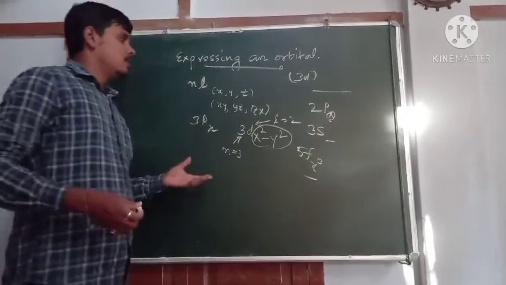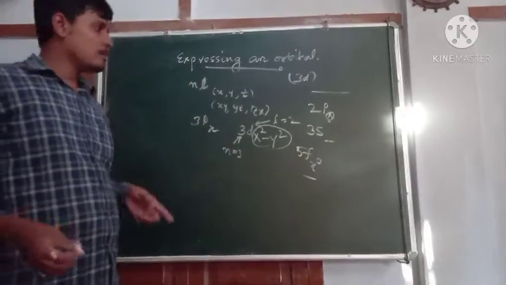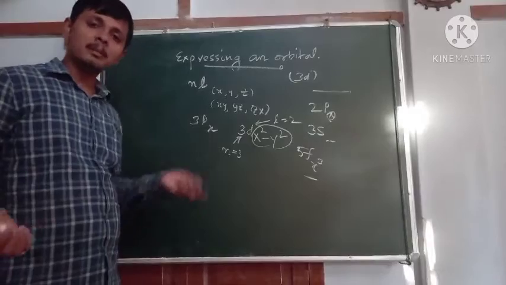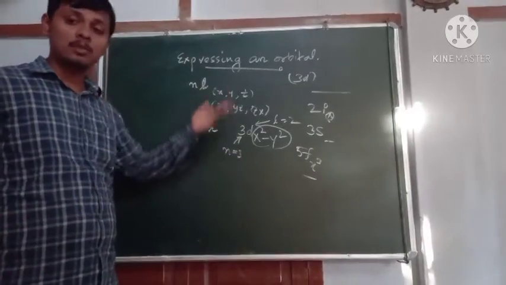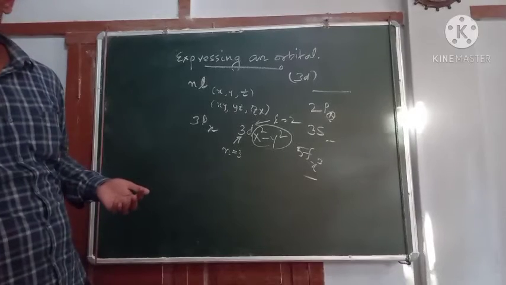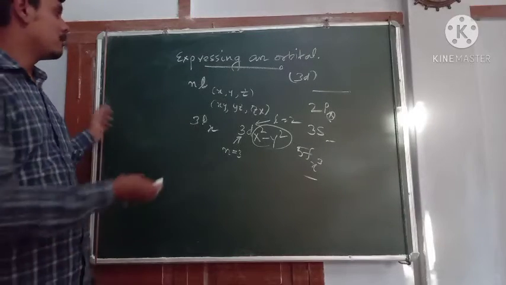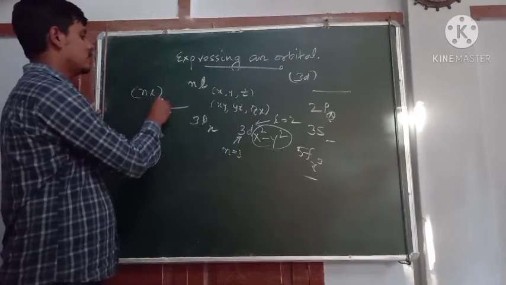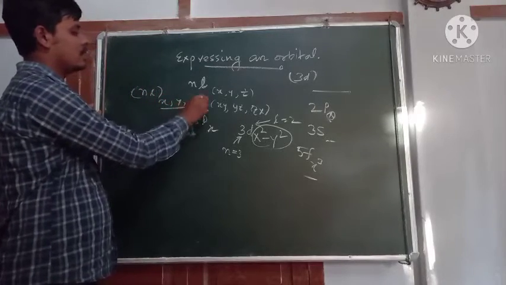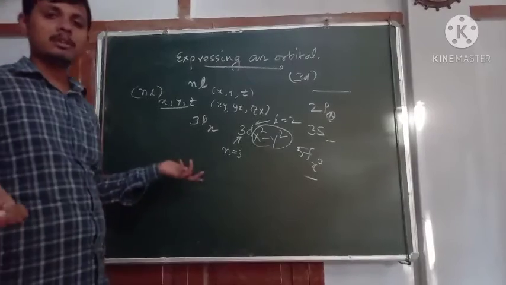Now, the first thing you have to remember is how to represent a subshell. You can express any orbital if you know the subshell, because first we write n l, and after that we write x, y, z, x square minus y square, or z square.